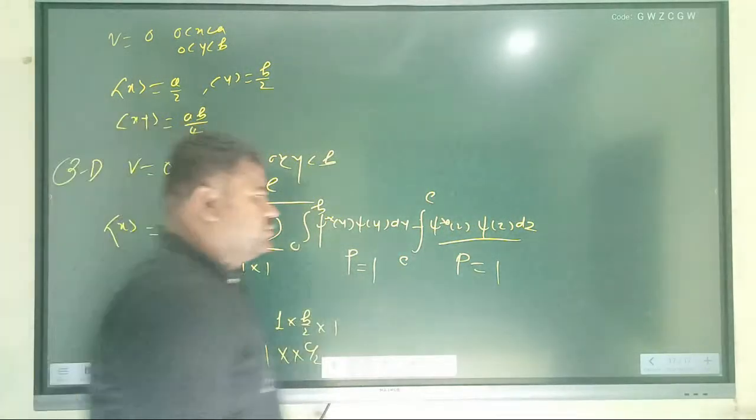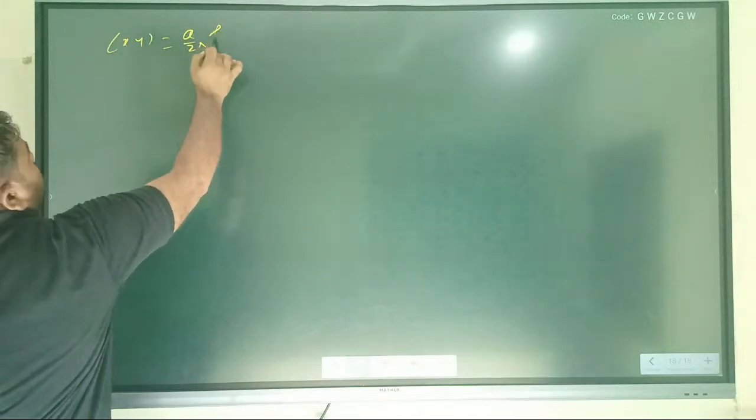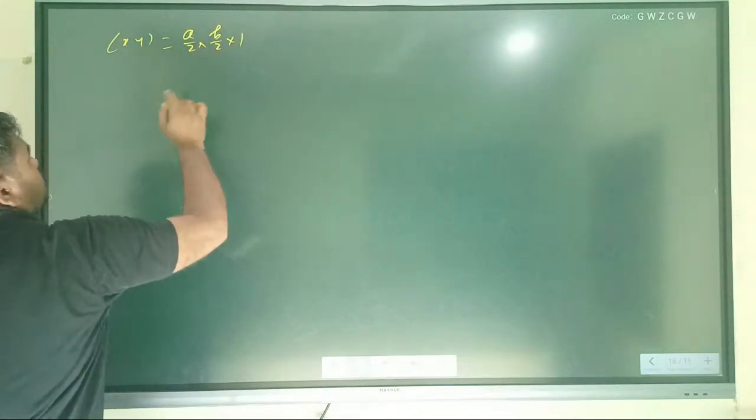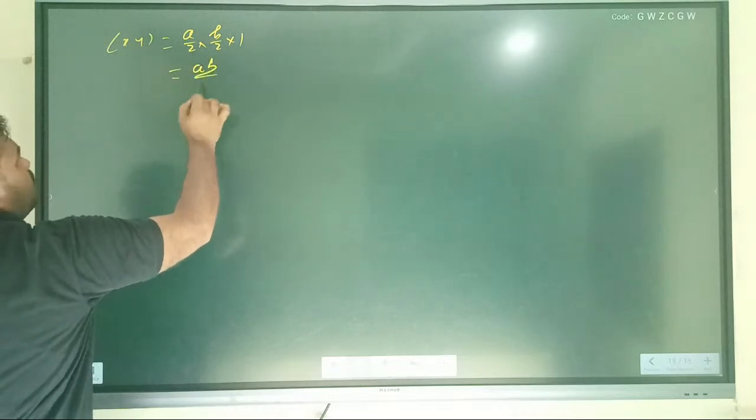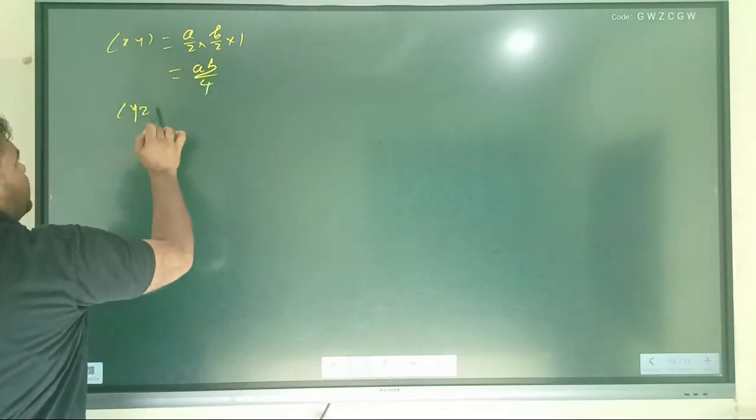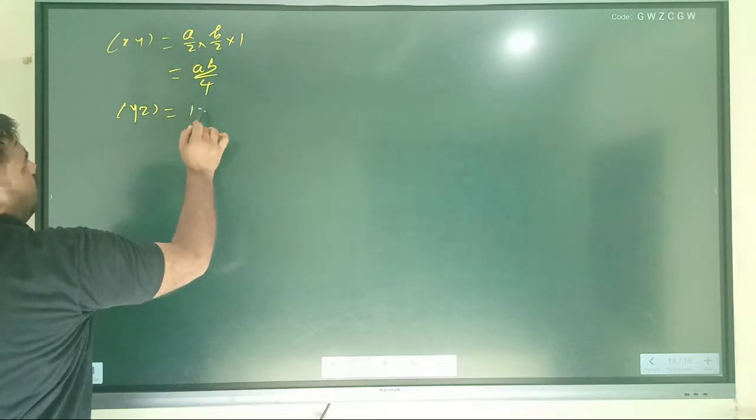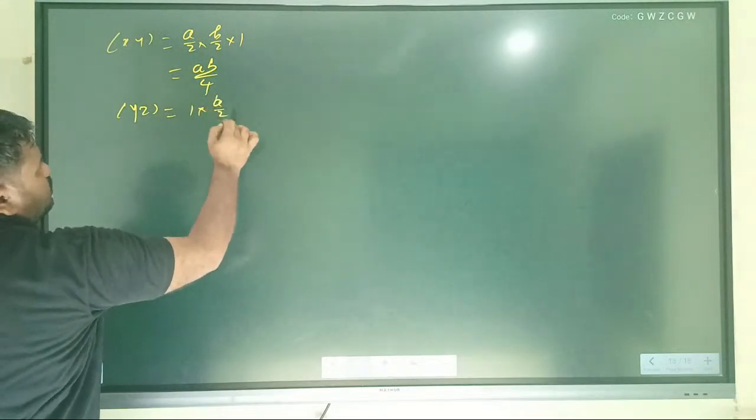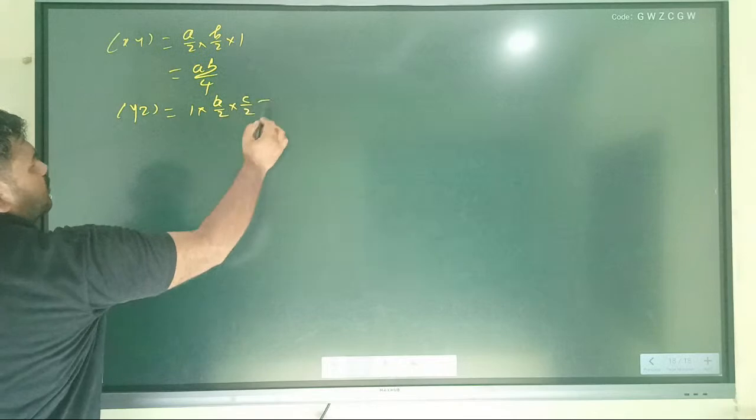Clear? Next, suppose you can find out the expectation of xy. Then this is equal to how much? A by 2 into b by 2 into 1, and this is equal to ab upon 4. Next, yz: 1 into b by 2 into c by 2, and this is equal to bc upon 4.